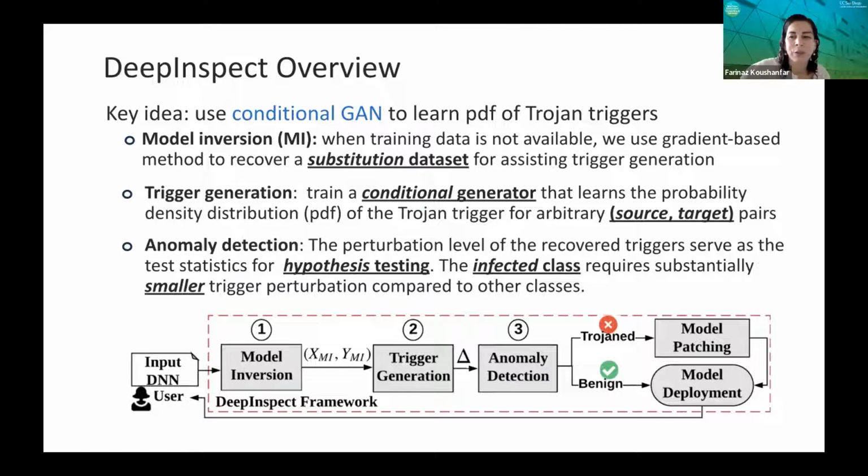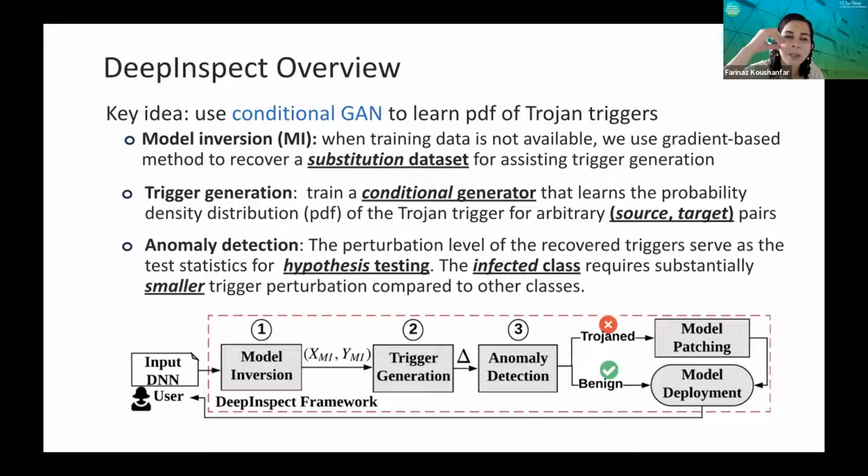So this is basically trying to see what triggers these networks, and then can we learn a generative adversarial network to learn the distribution of these Trojan triggers. So whenever we see one of these triggers, we can tell this was a Trojan.